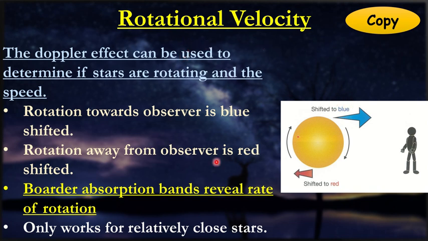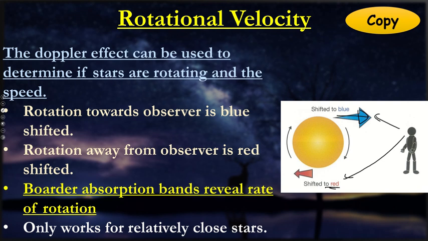Rotational velocity is a very simple concept to grasp. Again, we're using the Doppler effect to help us understand how the star is moving. If I look at one side of the star, and this only really works if the star is really close to us, and I look at the other side of the star, let's say the light I'm seeing is more blue at the top and a bit more red at the bottom.